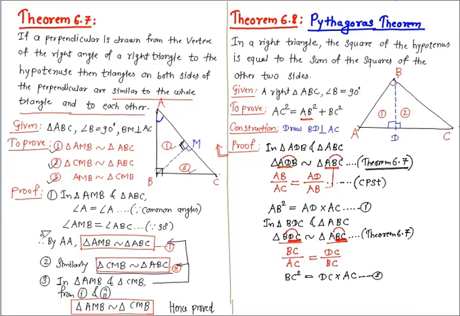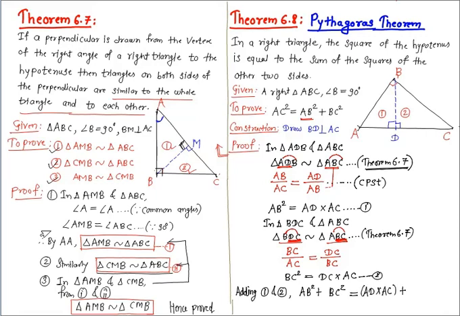Now what we need is AB square plus BC square. So we need to add first and second equations. So adding 1 and 2 we will get AB square plus BC square. This will be the left hand side.